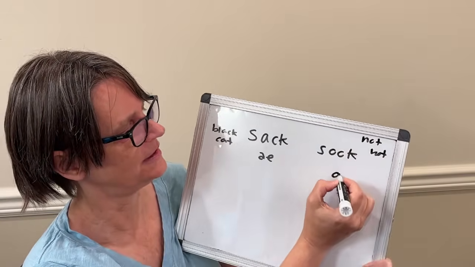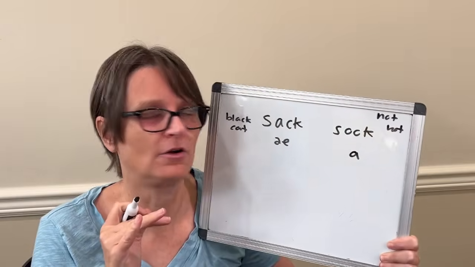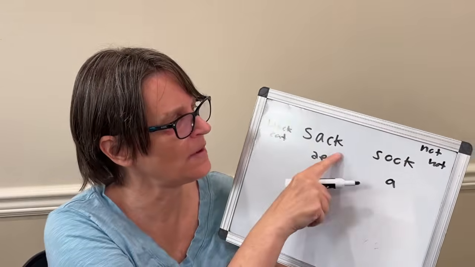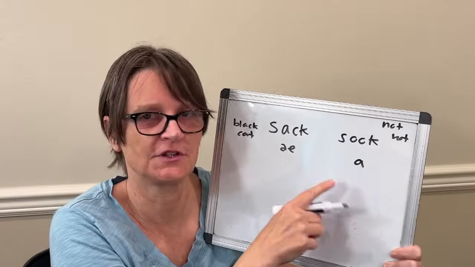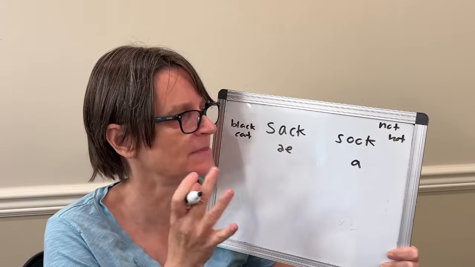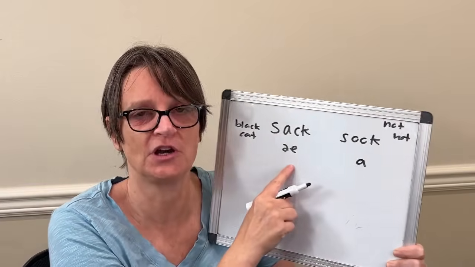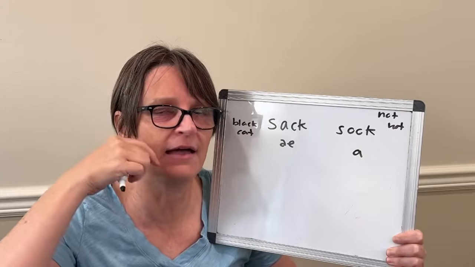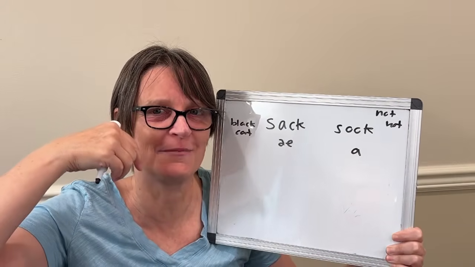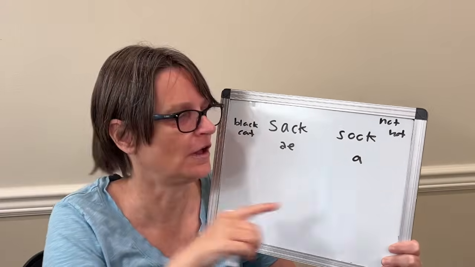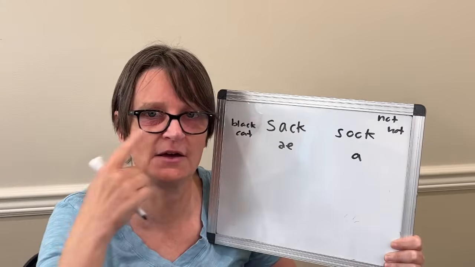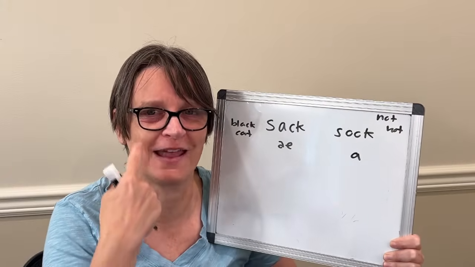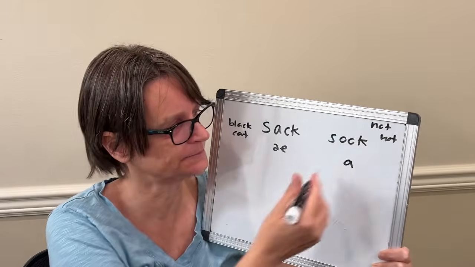And that's the open back vowel. Whenever we have minimal pairs like this, sack versus sock, you might have a challenge making the sounds. First of all, knowing the tongue shape for them: the front of my tongue is down, but the back of my tongue is lifted. And then second of all, my whole tongue is down, and there's more space all throughout the front and the back of my mouth for the sound.